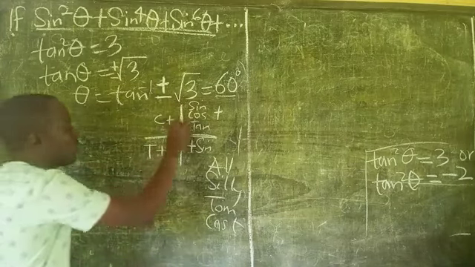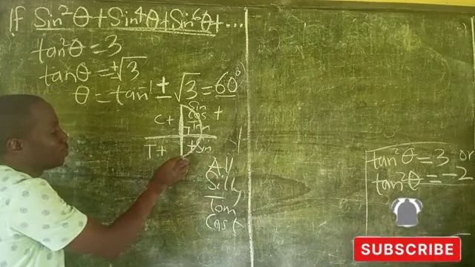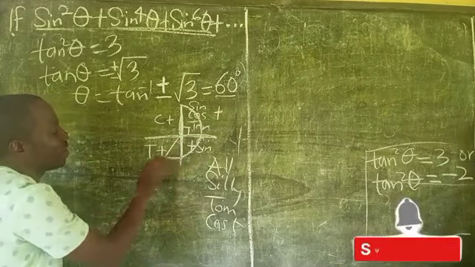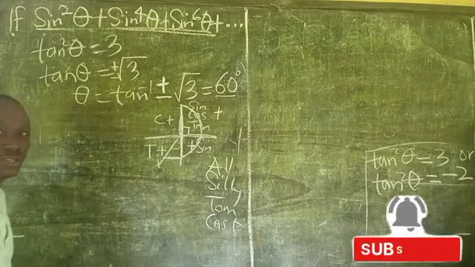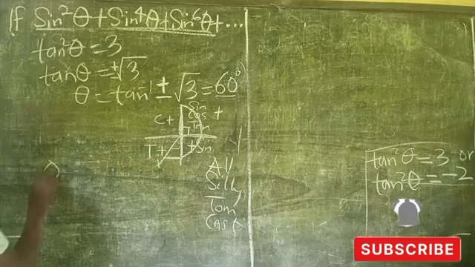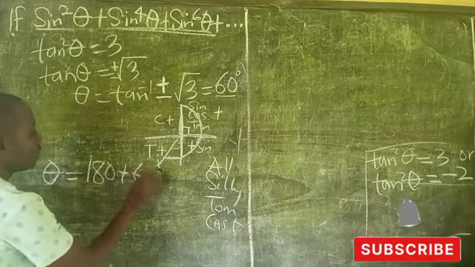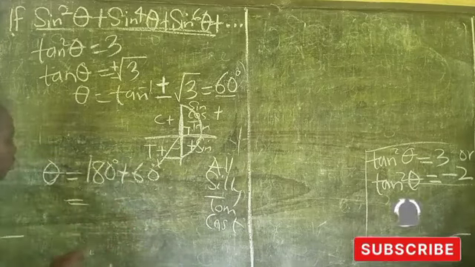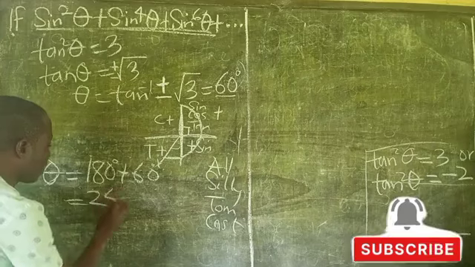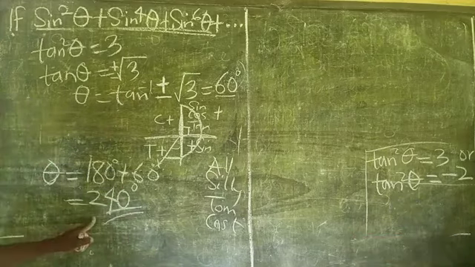In the third quadrant, if you are moving this way, this is 180 plus 60. Theta therefore will be 180 plus 60 degrees, which is eventually 240 degrees. This is the second value of theta.